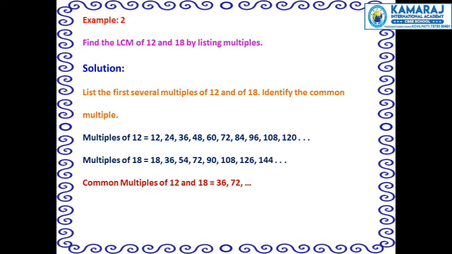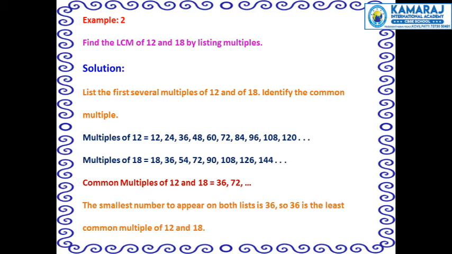So common multiples of 12 and 18 are 36, 72, and then it's going on. So here which is the smallest common multiple? 36. So the smallest number to appear on both lists is 36. So 36 is the least common multiple of 12 and 18.